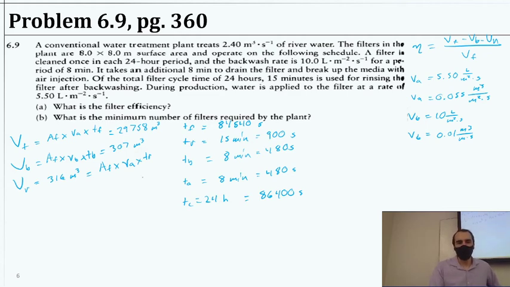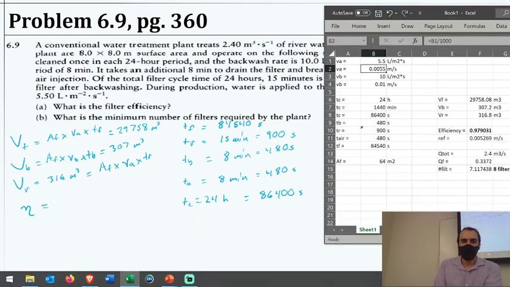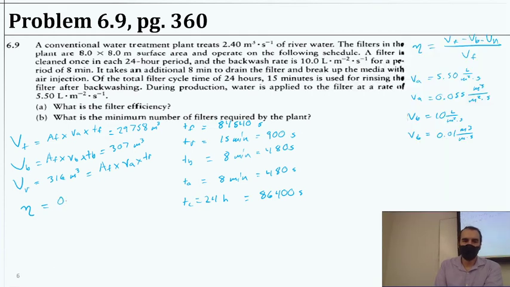Okay, so with all that, we can solve for our filter efficiency using that equation. And this comes out to be 0.979. So pretty much 98% efficient. So pretty close.